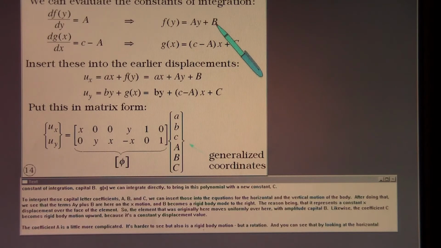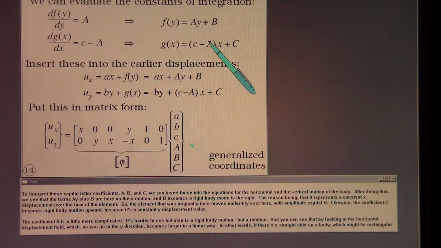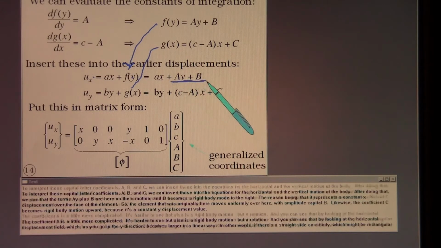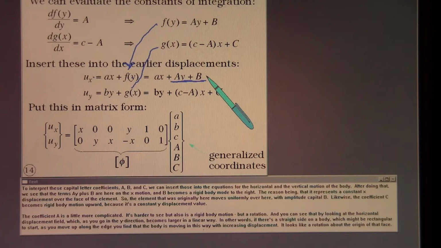To interpret these capital letter coefficients A, B, and C, we can insert those into the equations for the horizontal and the vertical motion of the body. After doing that, we see that the terms Ay plus B are here on the x motion, and B becomes a rigid body mode to the right.